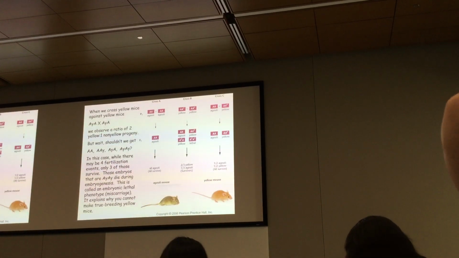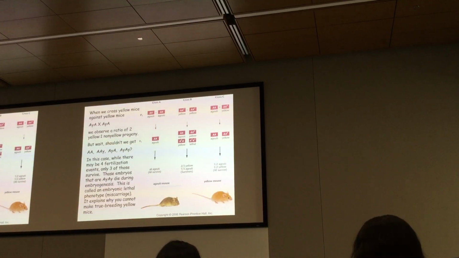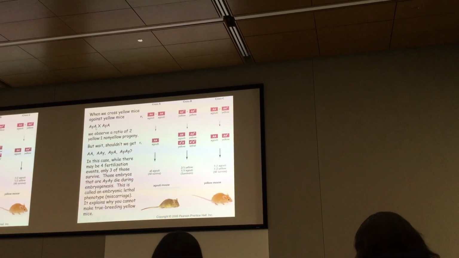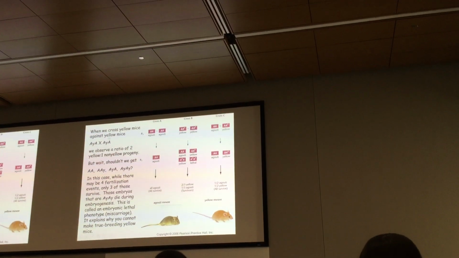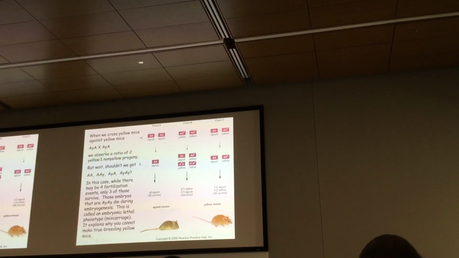So if they don't breed true, and if we assume that these mice are heterozygous, what happens when we cross a yellow mouse against a yellow mouse? Not breeding true means you don't get just yellow mice out again, but we could say that if we started with an animal that's AY and big A at the agouti gene locus, and another animal that's the same genotype, AY and big A, that would be our heterozygous starting state.